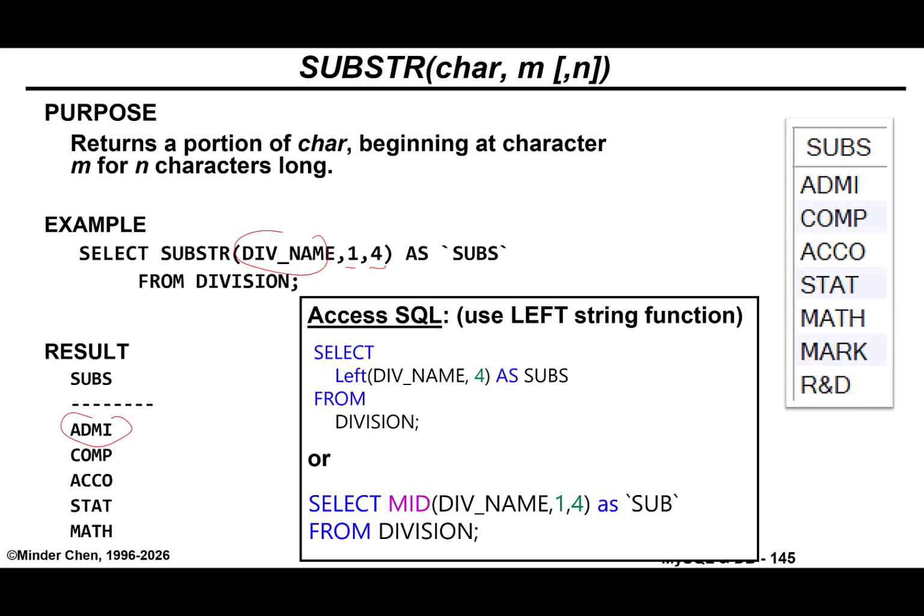So we kind of show the abbreviated division name. In this case, the first 4 characters, okay, not the standard abbreviation. Okay. In Microsoft Access SQL, the way you write it is different. You use a different function.